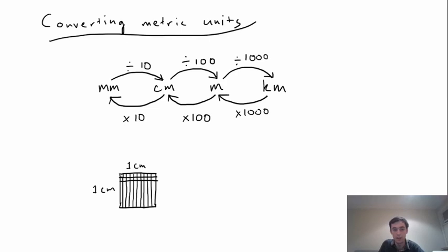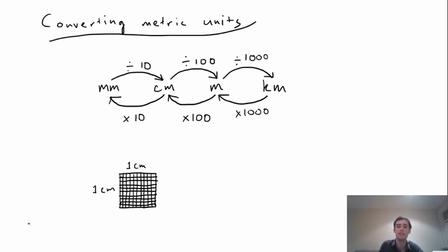You're going to find that I've got 10 millimeters squared over here, another 10 over here, so that's 20, 30, 40, 50, 60, 70, 80, 90, and 100 millimeters squared.